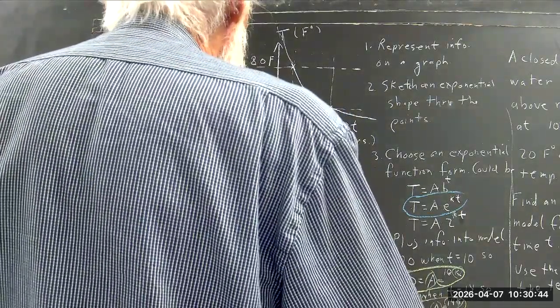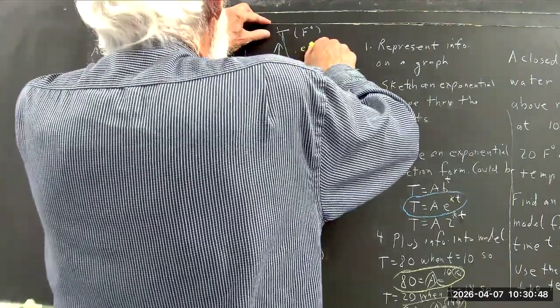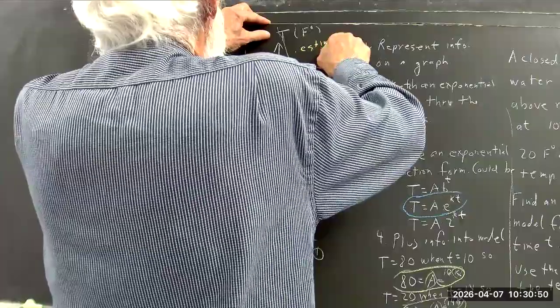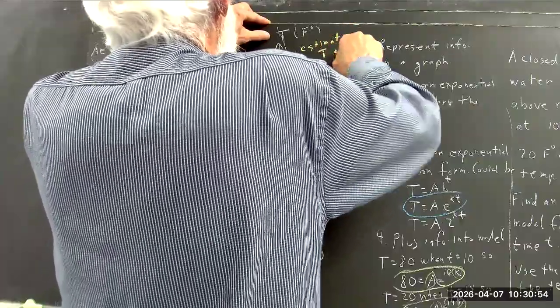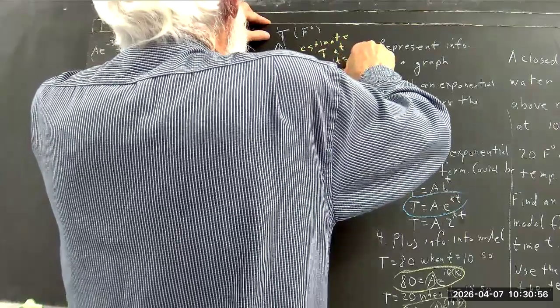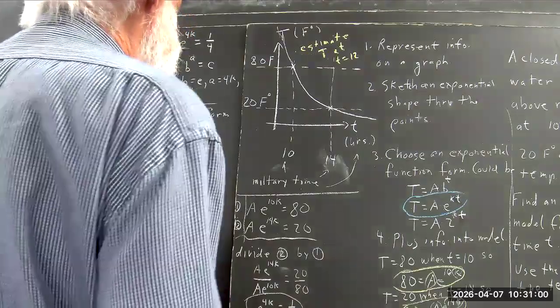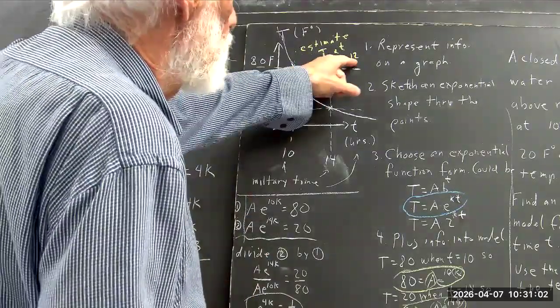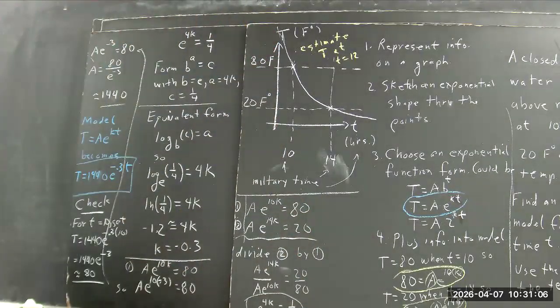So we estimate temperature big T at time little t equals 12. Well, we know little t equals 12. How do you represent little t equals 12 on the graph? See if you can do that.